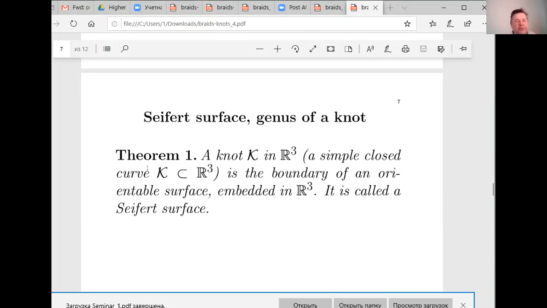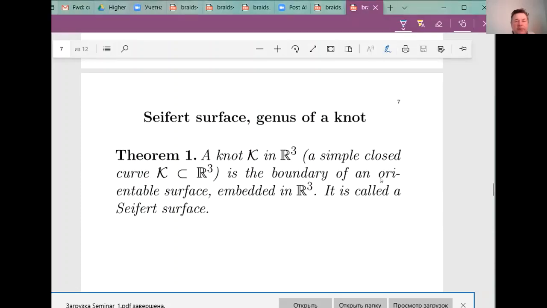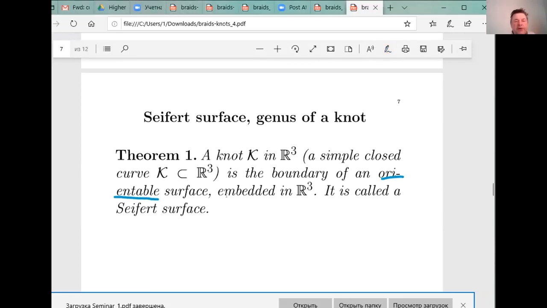You can consider polygon or smooth curve. And every knot is a boundary of an orientable surface. So I should underline this: orientable surface. And this surface is embedded in R3.